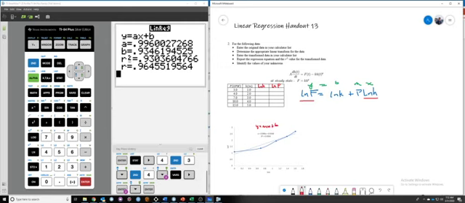You can see I also get an r squared value of 0.934. I also did this in Excel so that we could show you the plot and the linear equation, which corresponds directly to what we see in our graphing calculator.